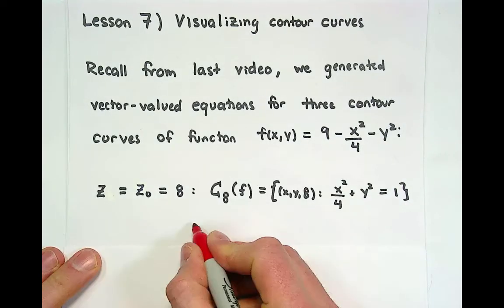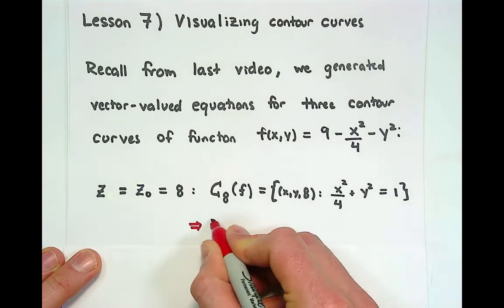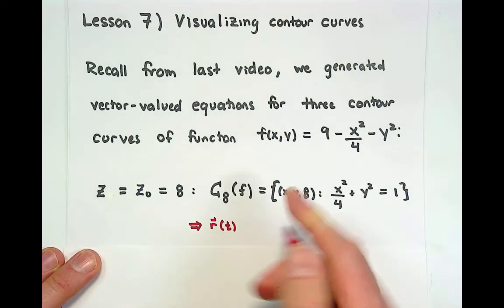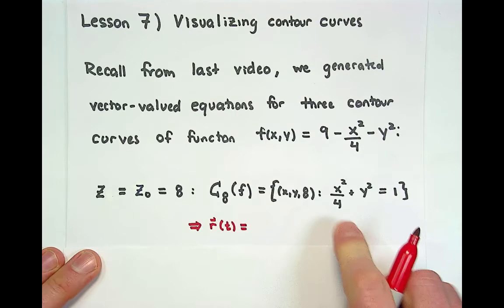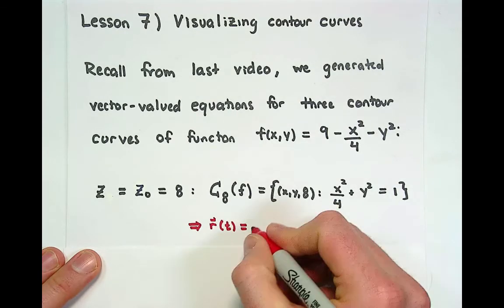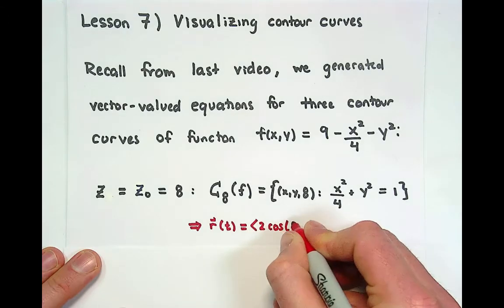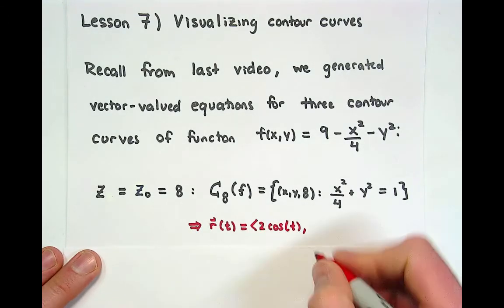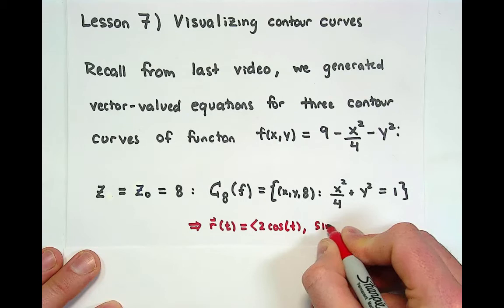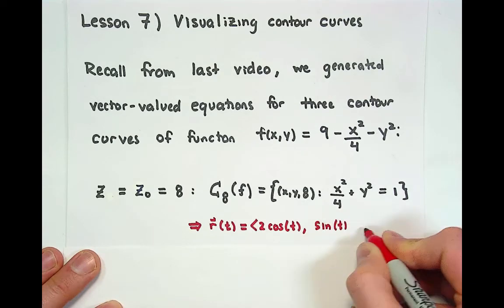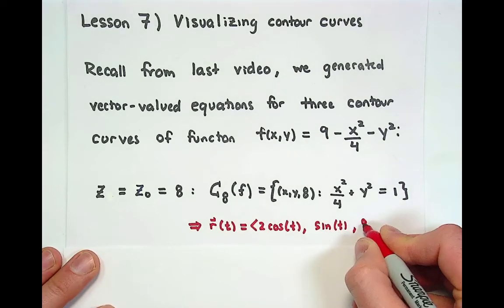Of course, we can use our work in lesson 5 to create a vector valued equation for this ellipse by recognizing that the x semi-axis has length 2, so this would be 2 times the cosine of t. This is the exact thing we did in the last video. This would be 1 times the sine of t, and then the height associated with this would be 8.